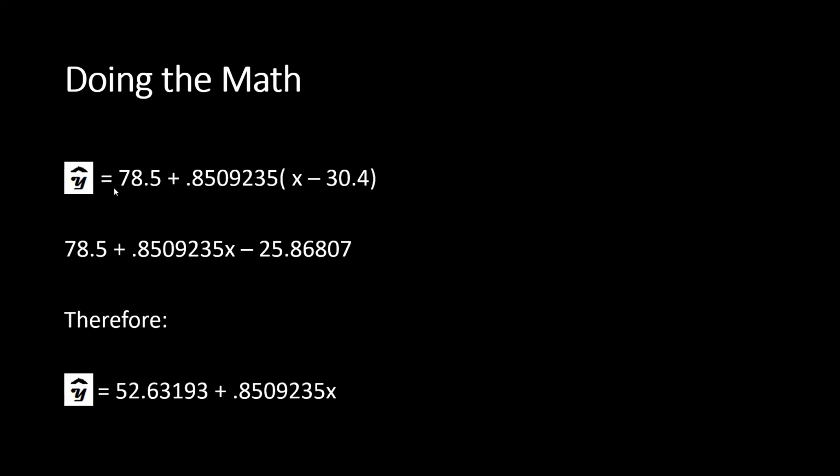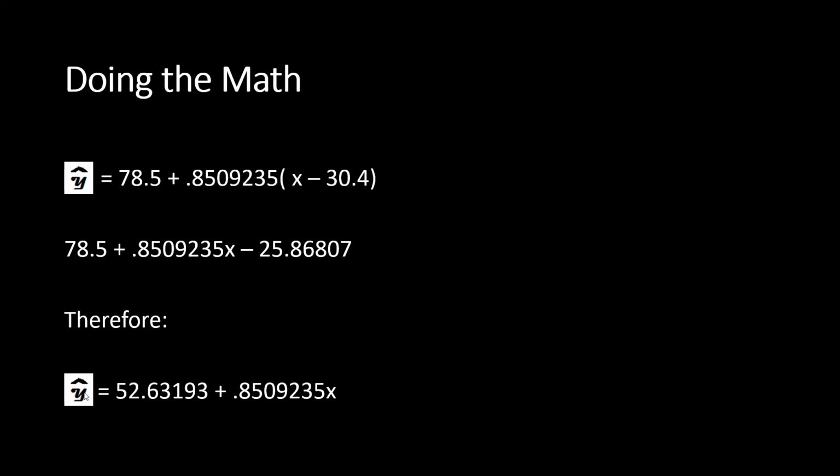So y, therefore, is going to be 78.5 plus 0.8509235 multiplied in parens by the value of x minus 30.4. So when we work that all out, it comes to these values here.